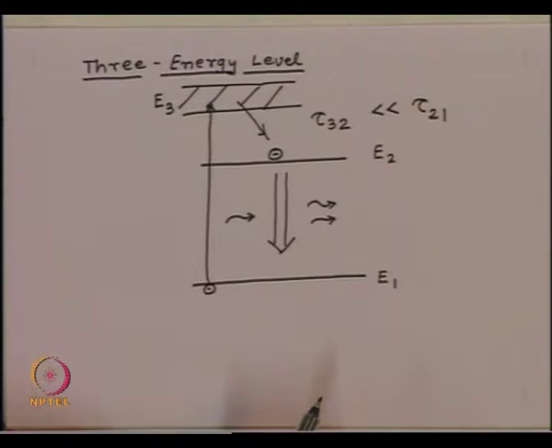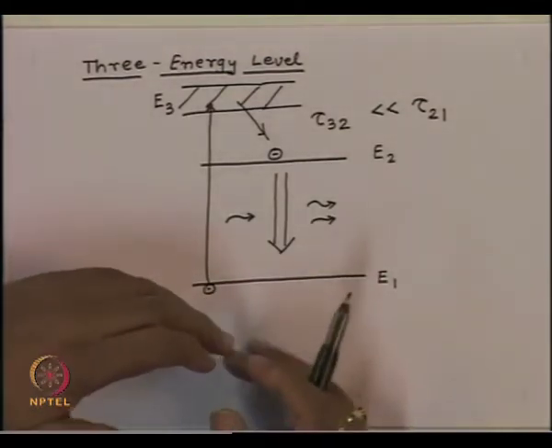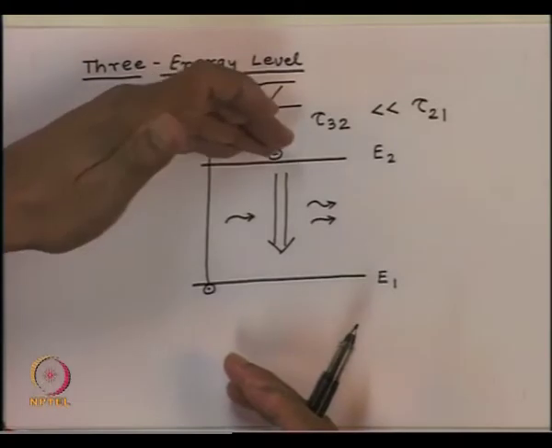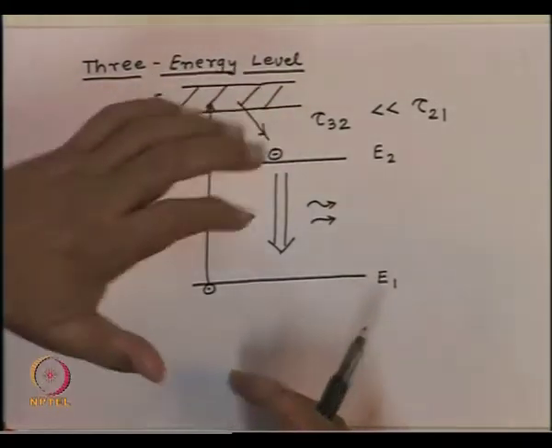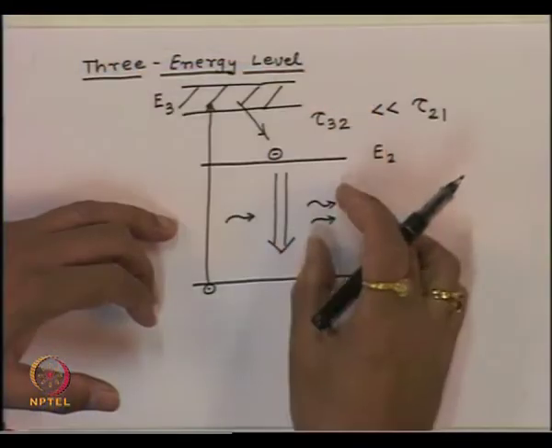So what that means is that of the total number of electrons on the ground state, more than half of those electrons have to be transported to this level. Then and only then can one see the net stimulated emission from the system. If you do a quick calculation, a very huge number of electrons are present on the ground state, and if they were to be transported to the upper level, a huge amount of energy is to be supplied to the system to get a very tiny stimulated emission coming out of this.